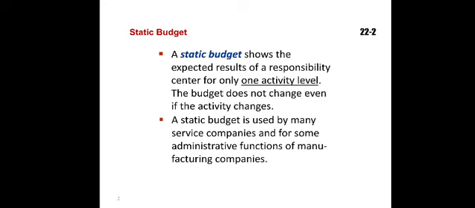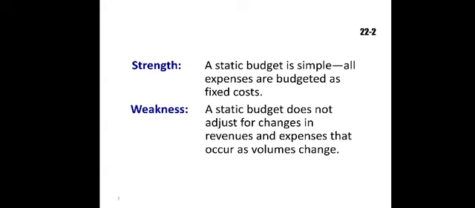The budget does not change even if the activity changes. A static budget is used by many service companies and for some admin functions of manufacturing companies. I will talk about this first.